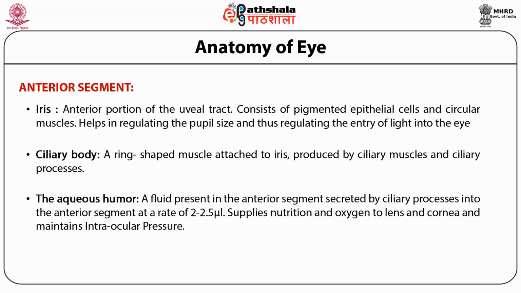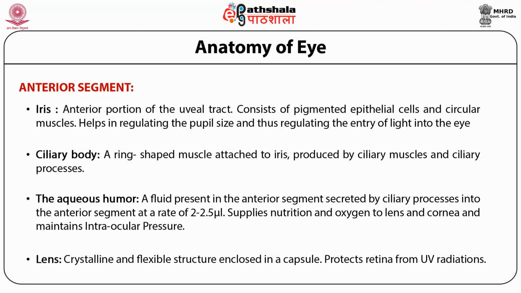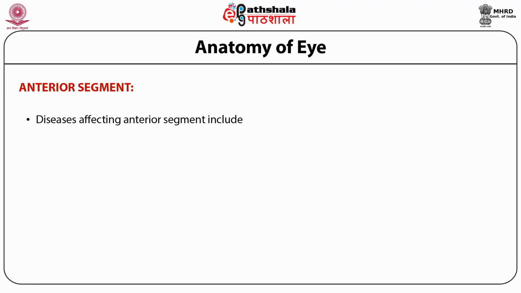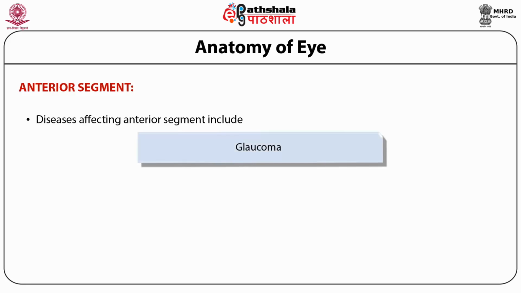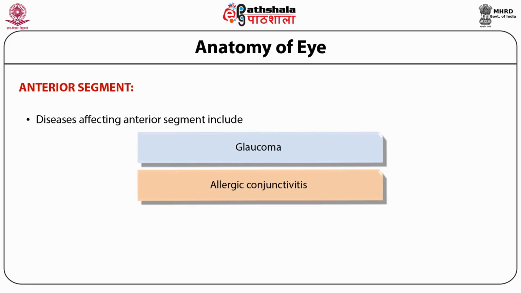It supplies nutrition and oxygen to lens and cornea and maintains the intraocular pressure. Lens is a crystalline and flexible structure enclosed in a capsule and serves to protect the retina from the UV radiations. The diseases, which primarily are because of the anterior segment maladies, include glaucoma, allergic conjunctivitis, anterior uveitis, and cataract.